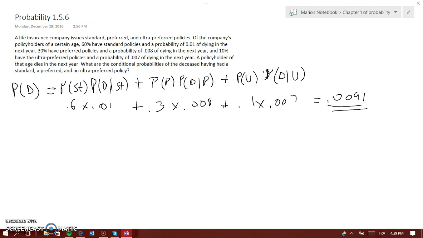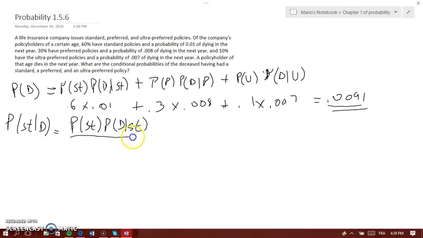Now, the probability of having a standard given that you died would be equal to the probability that you have the standard times the probability that you died given you had the standard, over the probability that you died.